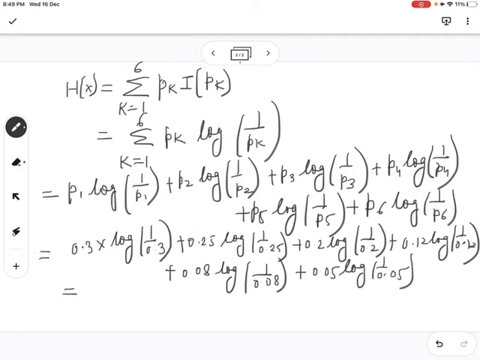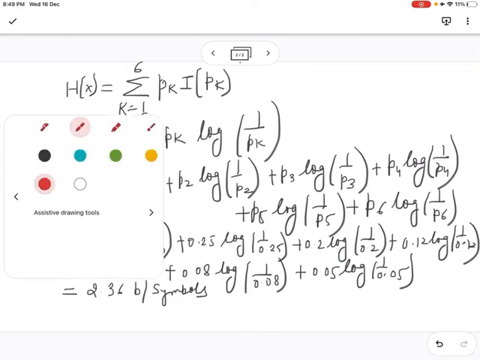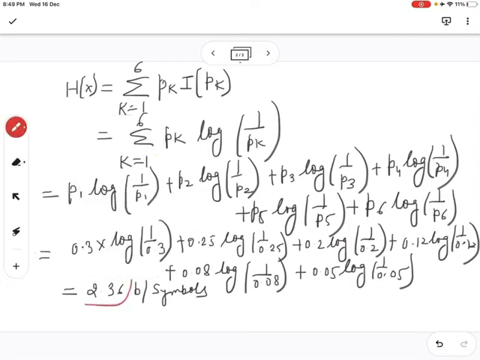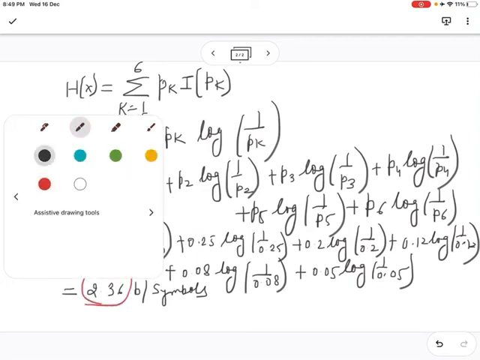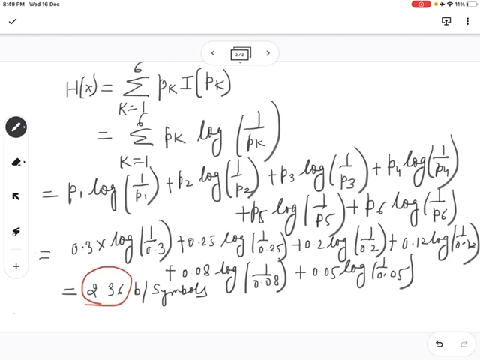If I solve this, I get 2.36 bits per symbol. This was your entropy.